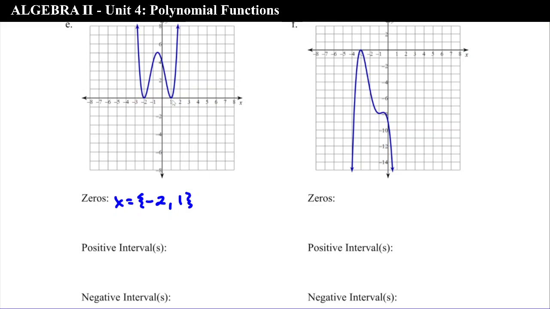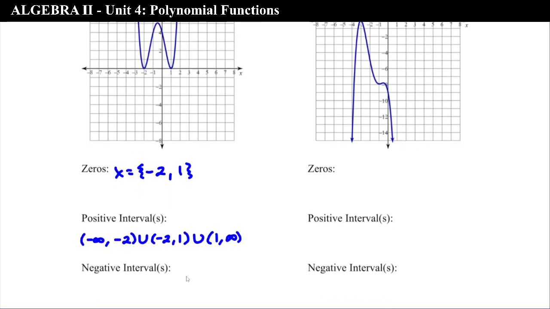Same thing for our x value at 1, our y value is 0. 0 is not a positive number, so those particular points cannot be included. So our positive interval is going to be from -infinity to -2, union with -2 to 1, union with 1 to infinity. And then our negative interval for this graph, well, there are none.